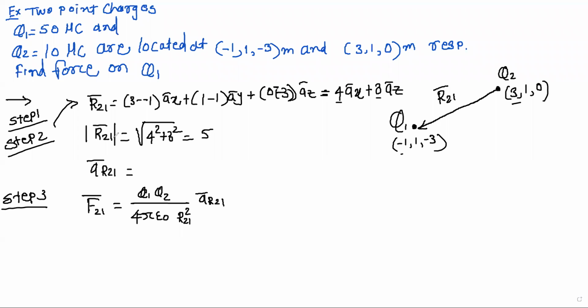Am I correct? Yes, sir. And here it will be 4 a bar x plus 3 a bar z divided by 5. Is it correct? Because unit vector is vector upon magnitude. Magnitude is 5. Vector is 4 a bar x plus 3 a bar z.